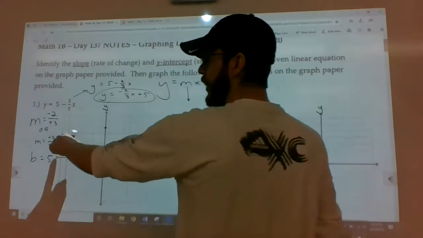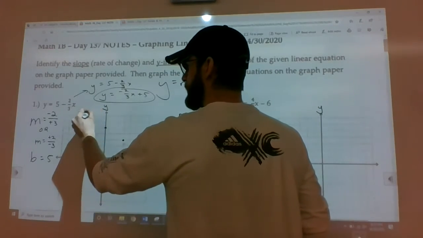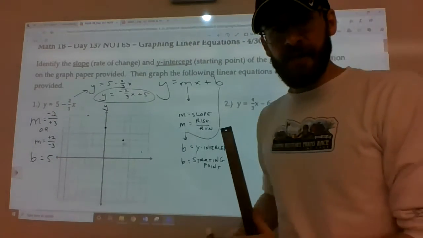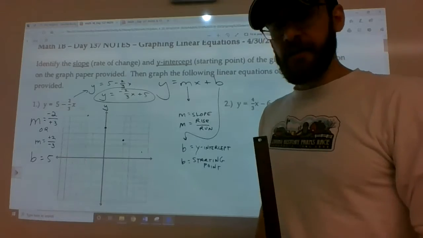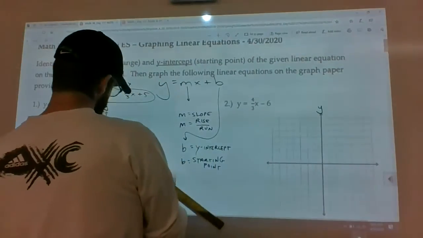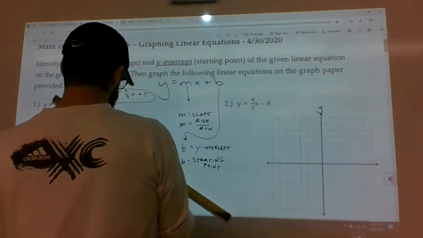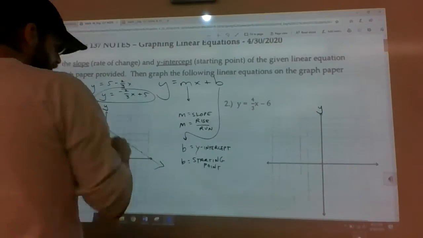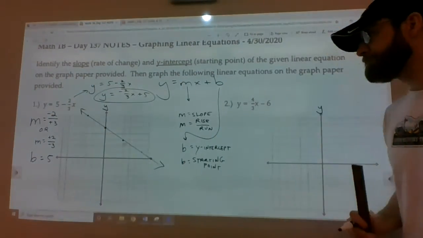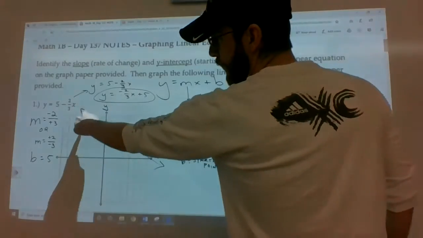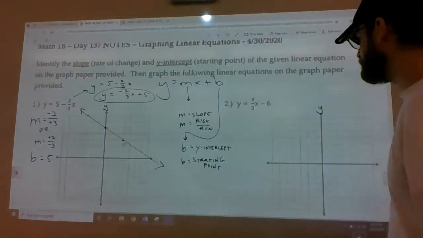Or go up 2, left 1, 2, 3. I like to plot as many points as I can on the graph that's given, so I think that's about all we can do. And that's it. Notice a negative slope will point the line downward.